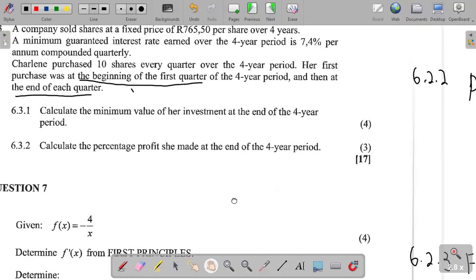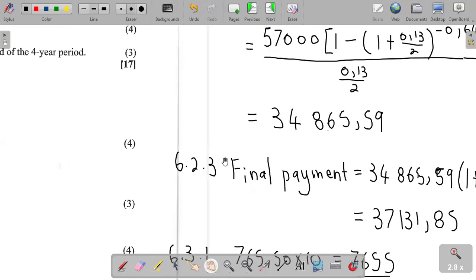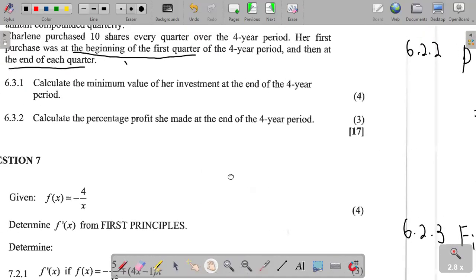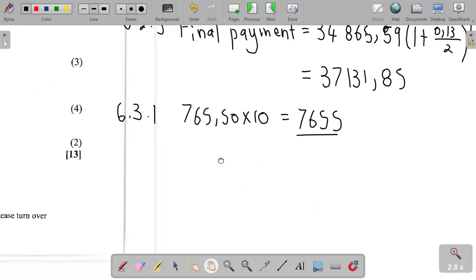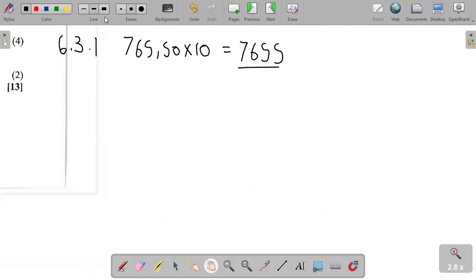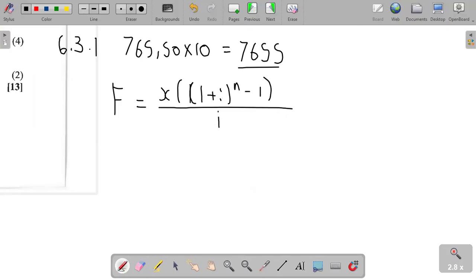So we are looking for the future value that she's going to have. The future value here is going to be x, and then 1 plus i to the power n, minus 1, all over i.